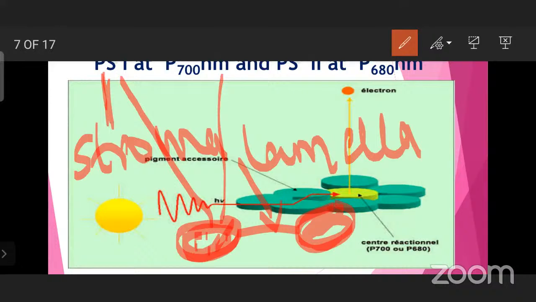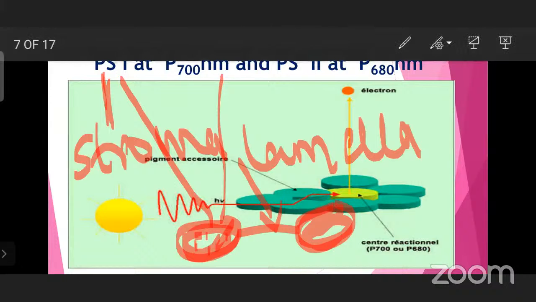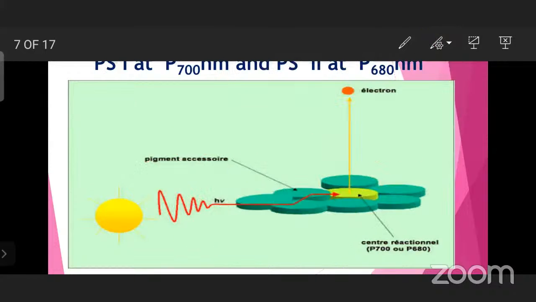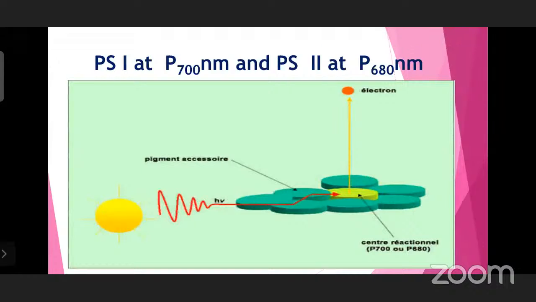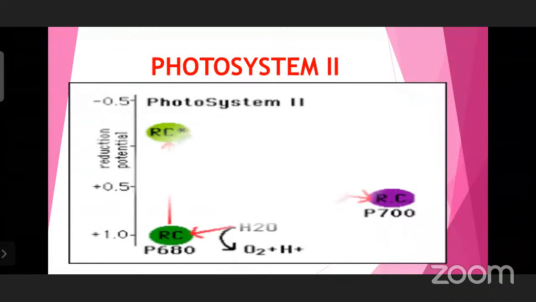So this clarity must be there for you for a better understanding, so that you can understand about cyclic and non-cyclic photophosphorylation. So this is PS1 and PS2, two photosystems in the grana. Now I'll talk about PS2 here.